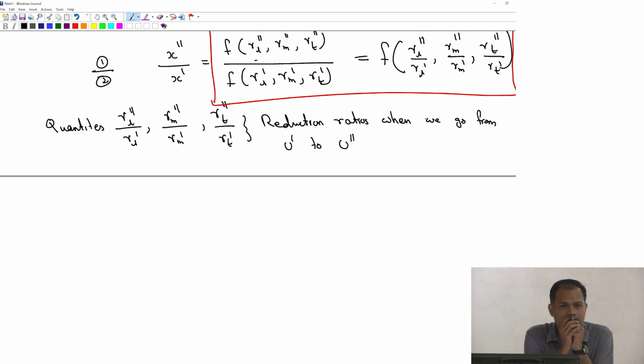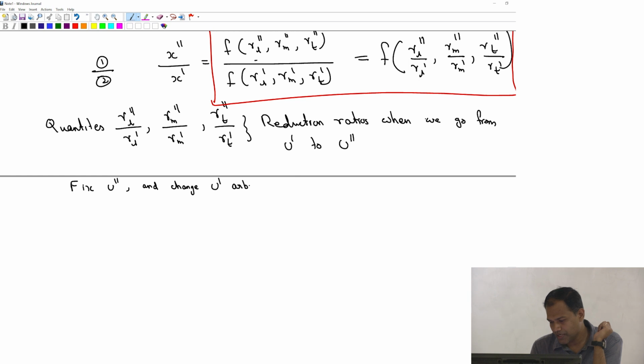Okay, any doubts? What we will do is fix u double prime and change u prime arbitrarily. So far I talked about fixing a system.